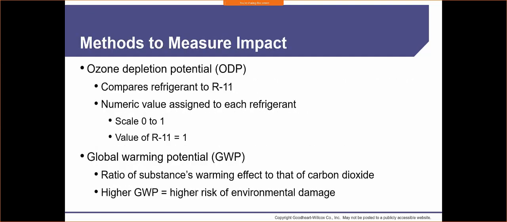All right, methods of measuring the impact. Somebody came up with this and they basically rated it. All right, ODP compares refrigerant to R11. We don't use R11, but we used one of the refrigerants back in the day, and so we get this value on a scale of 0 to 1.